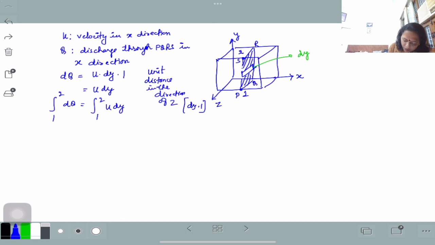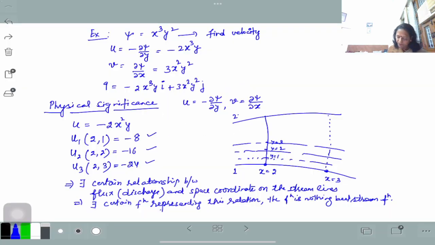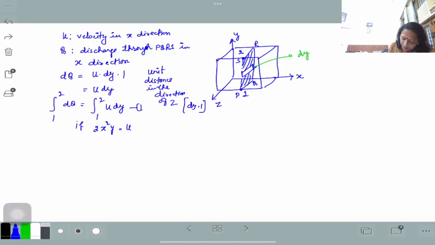And as I know that u is taken as 2x square y in my example, so this implies, so I take it 1. So Q, if I denote it by Q from point 1 to 2, then Q is equal to integral 1 to 2 of u, meaning twice x square y dy, which means x square y square from 1 to 2.